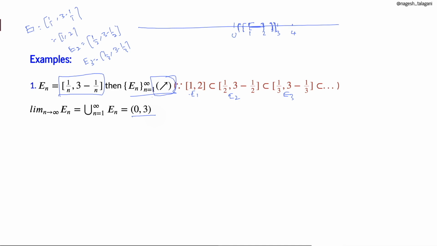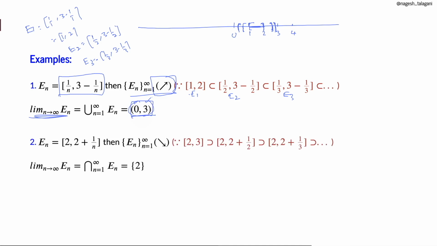Similarly, the right-hand point approaches 3 but never contains 3. That's why we will never include 0 and 3 in our union, but it can include everything else. So this union is going to be the open interval 0 to 3. So the limit of En is the interval 0 to 3 in this particular case.